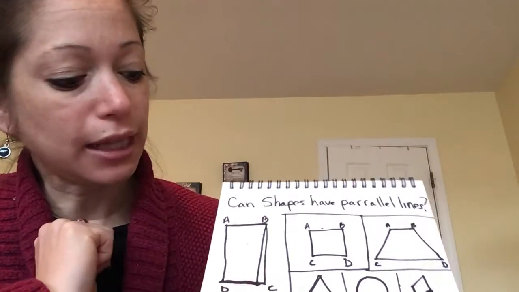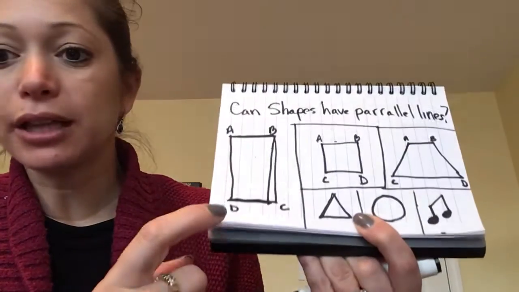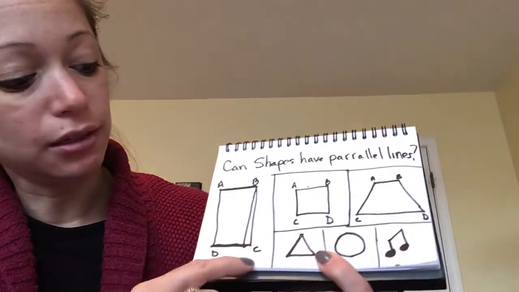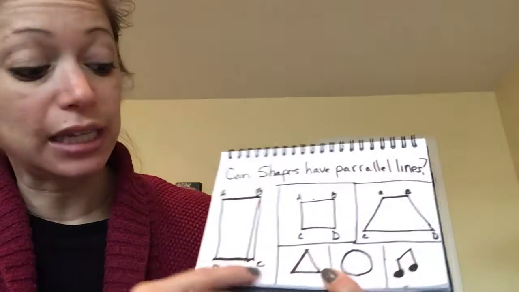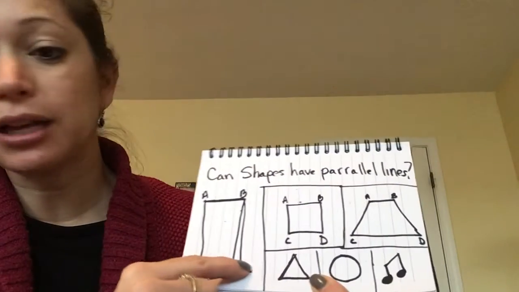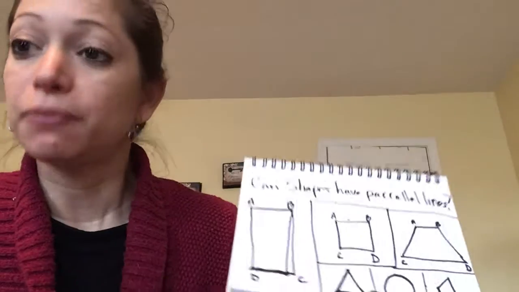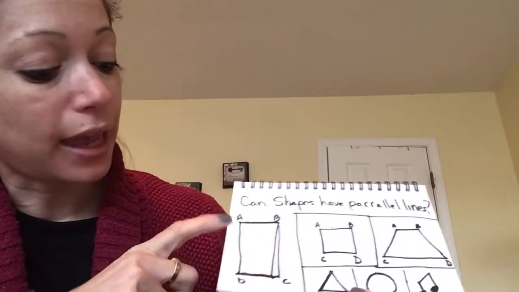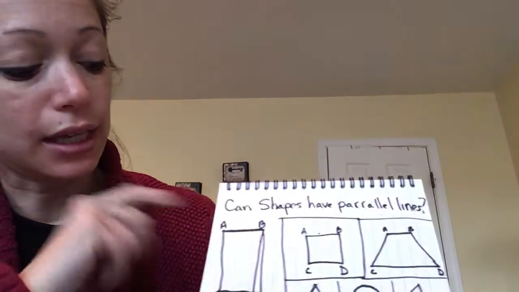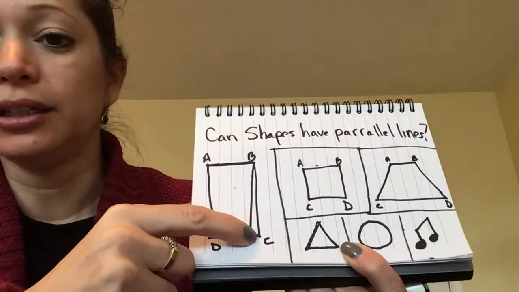Okay, so if I was labeling this, I would say that line AB is parallel to line segment, actually, DC. Okay, because you can see that this line is parallel to this line. But then rectangles have two sets of parallel lines. From AD to BC, okay, this line is parallel to this line over here.